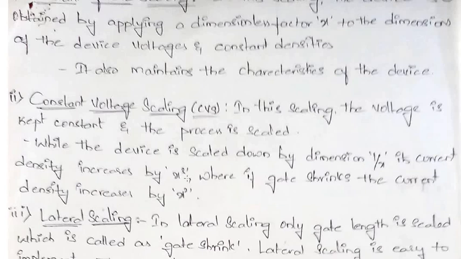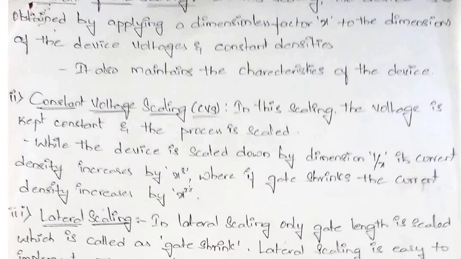When the gate shrinks, the current density increases by x squared. So this is how constant voltage scaling works.